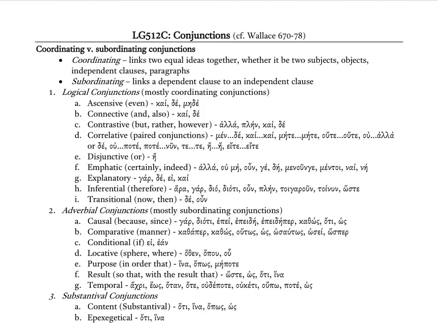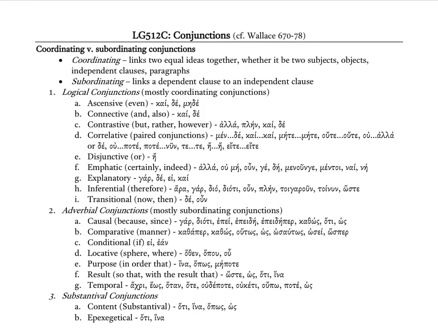That's real important. So just like there are independent and dependent clauses, there are coordinating and subordinating conjunctions. And that's an important distinction for you to know to understand structural relationships. Coordinating conjunctions link two equal ideas together.